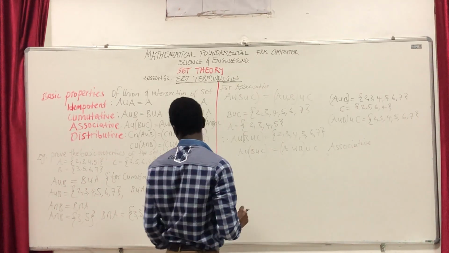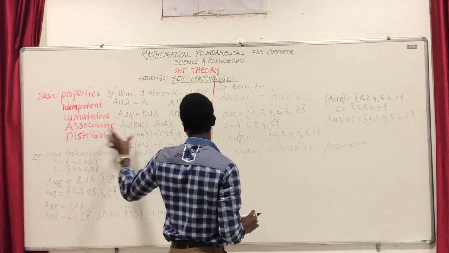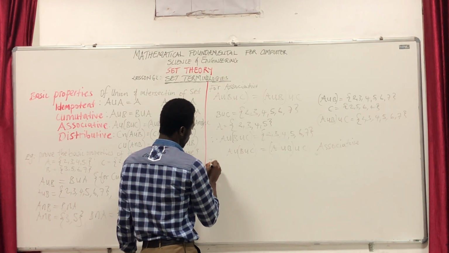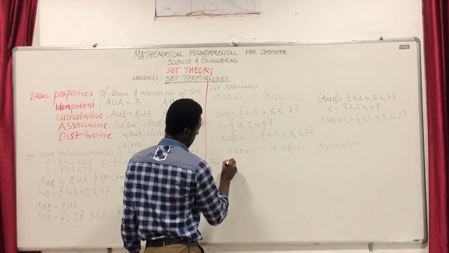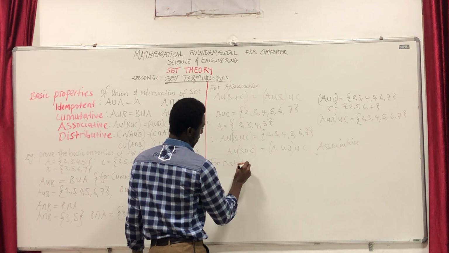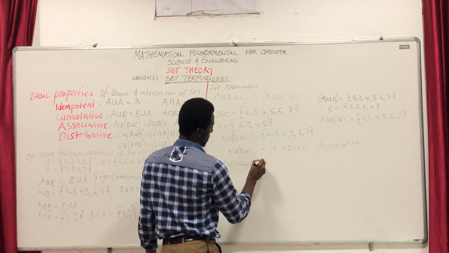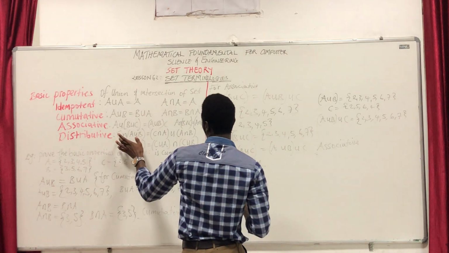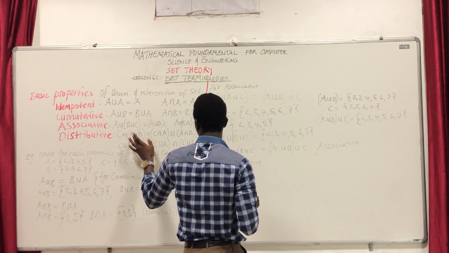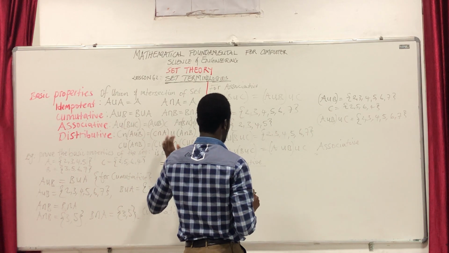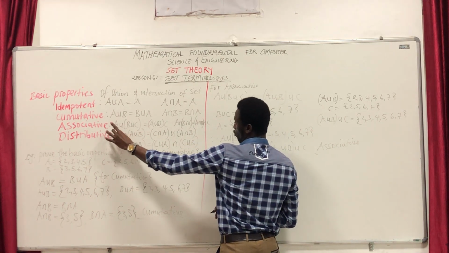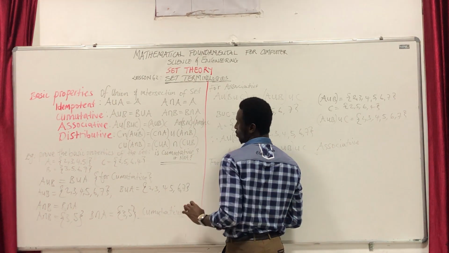So the last one here, let's check for distributive. For distributive, we say C intercepts A union B. So first we consider the union and later we intercept to this outer variable.